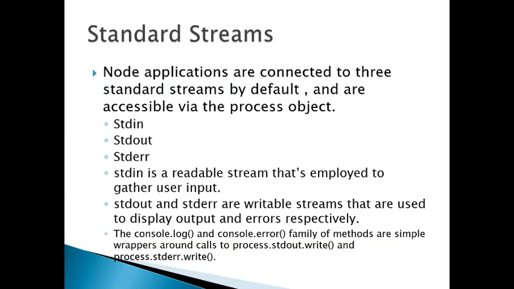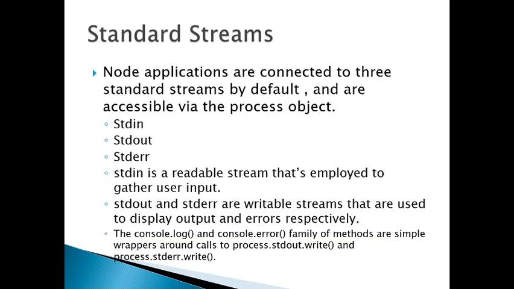If you want to print something onto the screen, you have to write that into stdout, and stdout will print that onto your screen. The console.log and console.error family of functions are simply wrappers around calls to process.stdout.write.